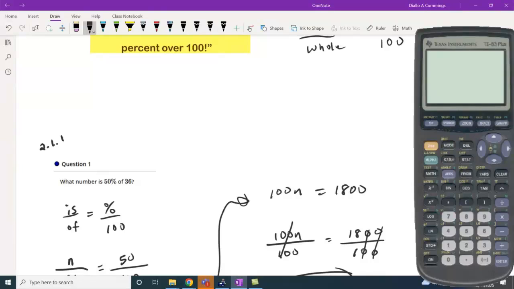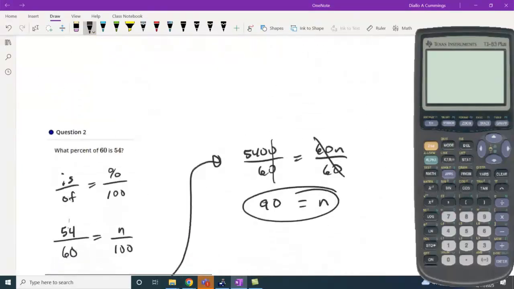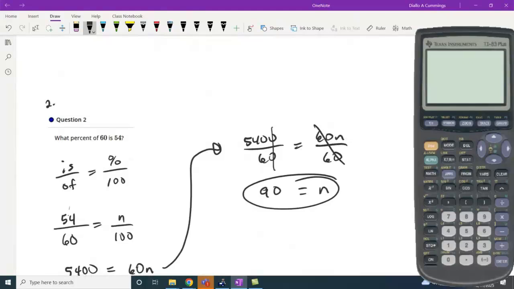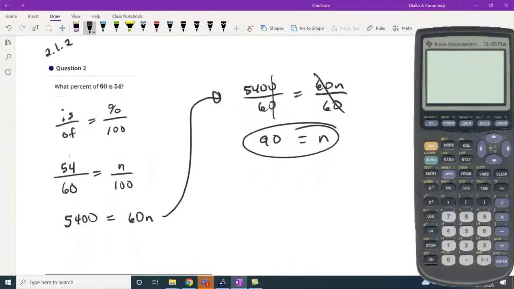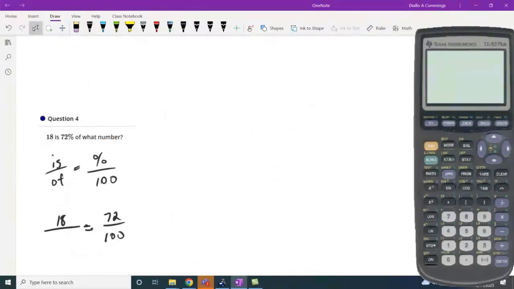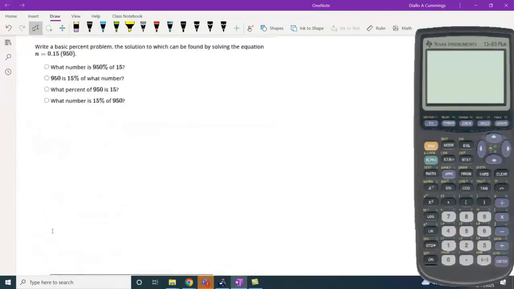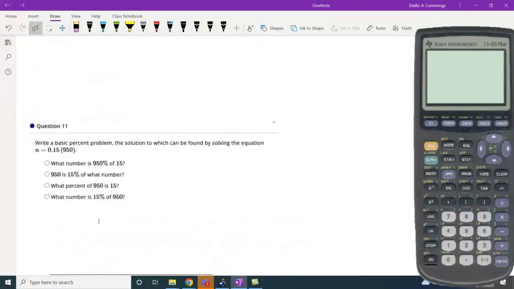This is 2.1.2. This is 2.1.4. And I apologize, this one is not on the set of notes. But that will be similar to module 2, section 1, number 4.